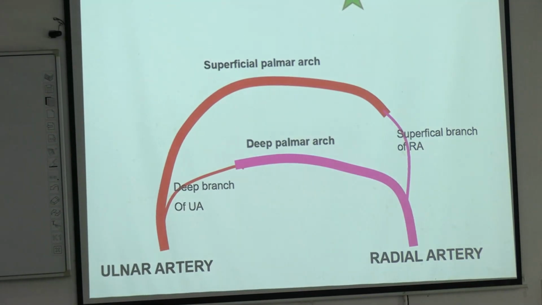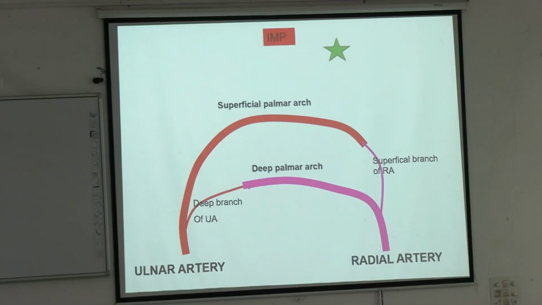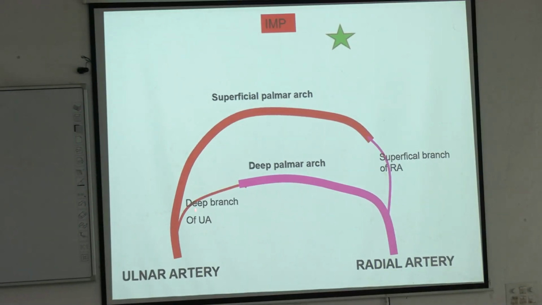If you look at this schematic diagram, you see that the radial artery and the ulnar artery both contribute in a reciprocal manner in forming the superficial arch. We call it superficial because it is close to the skin.